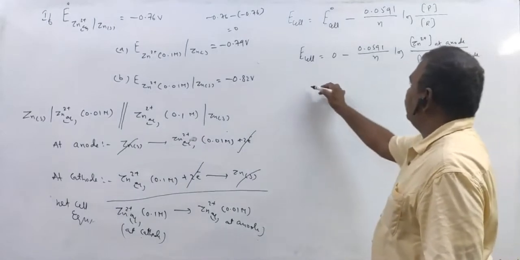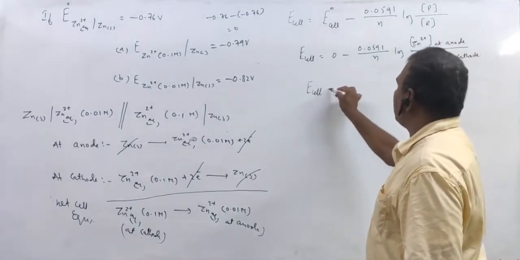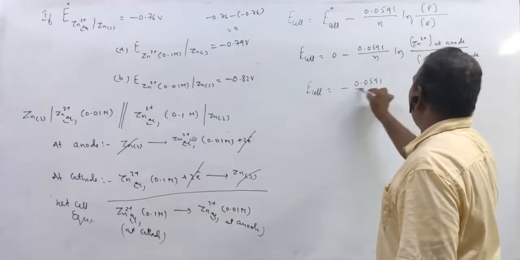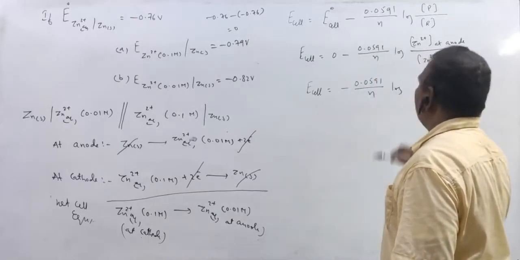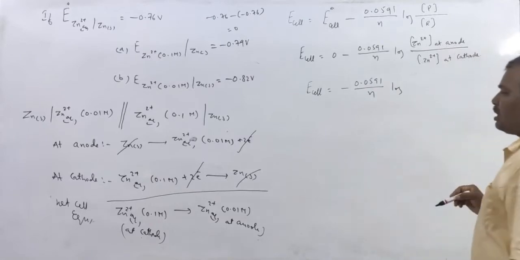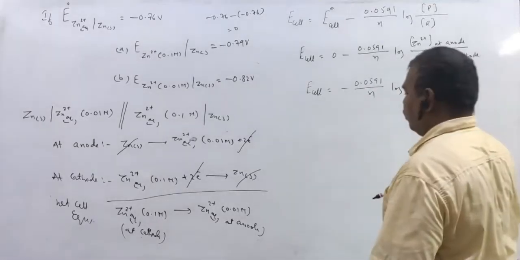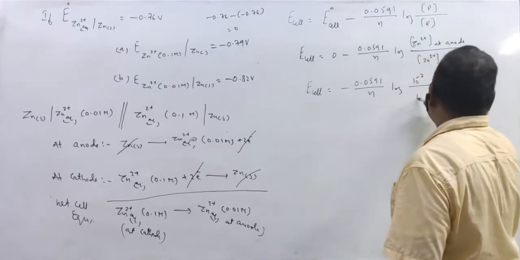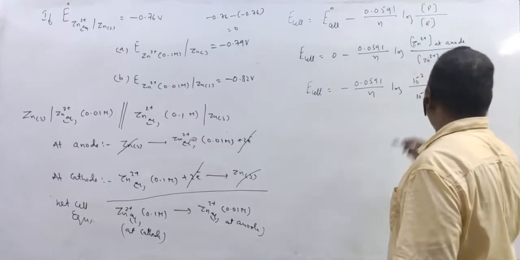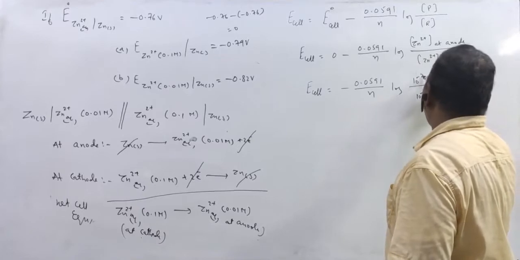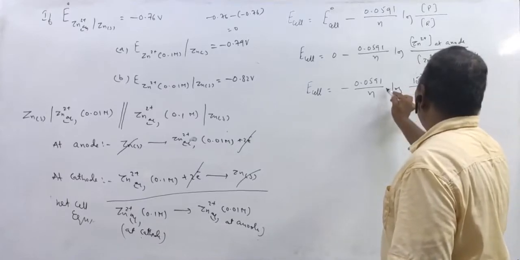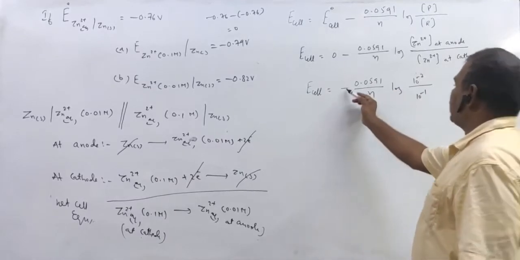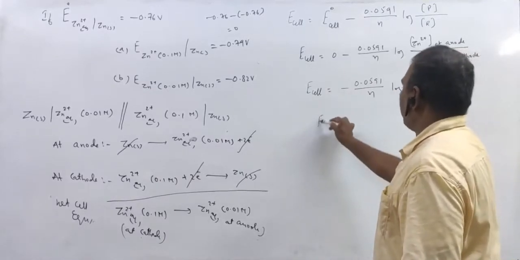Now see, E cell is equal to minus 0.0591 by n log of Zn2+ ion concentration at anode, 10 power minus 2, by 10 power minus 1. So 10 power minus 1, then minus log 10, minus 1, minus into minus, it became plus.